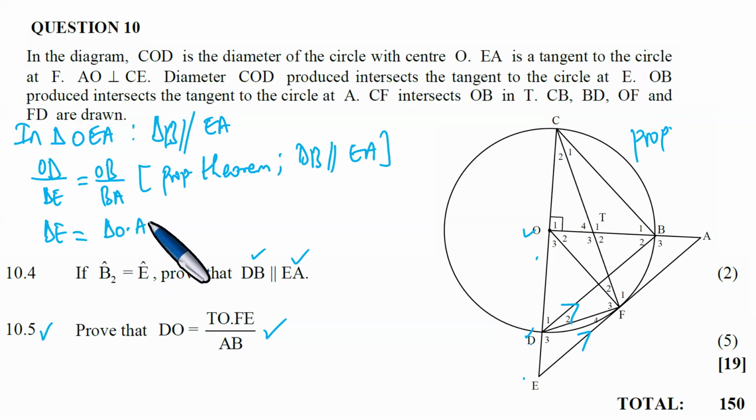So DE is DO times AB over OB. You can write that one. So from the proportionality theorem, we've got this one.